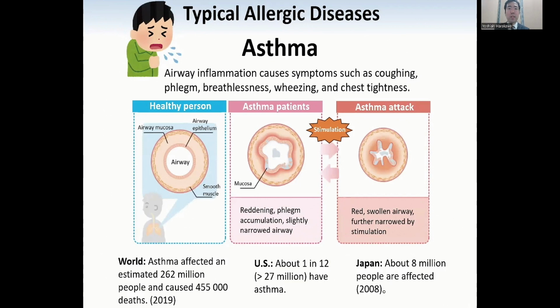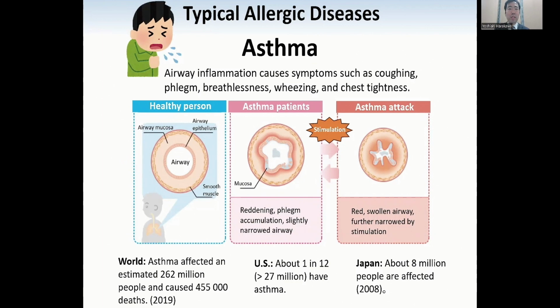And asthma is the most life-threatening of these diseases. Asthma is a disease in which inflammation of the airway causes symptoms such as cough, phlegm, breathlessness, wheezing, and chest tightness. Normally, the airways, especially the bronchi, are made up of mucosa, submucosal tissue, and smooth muscle.